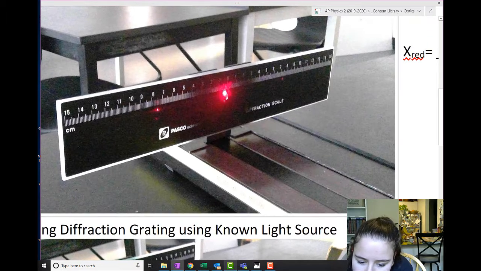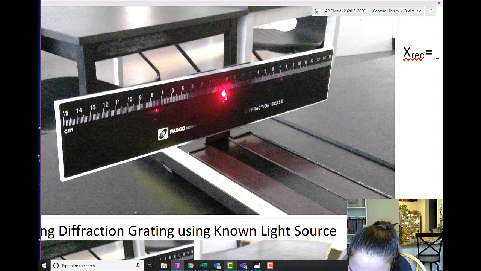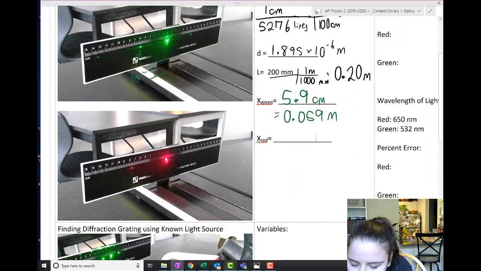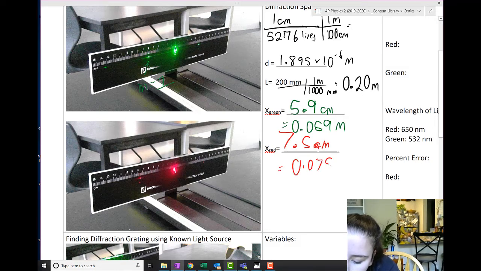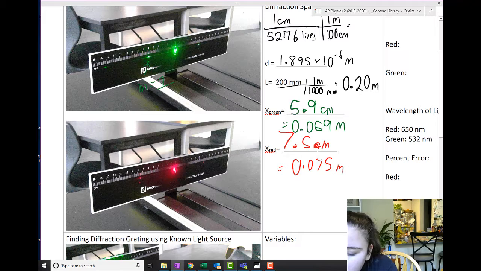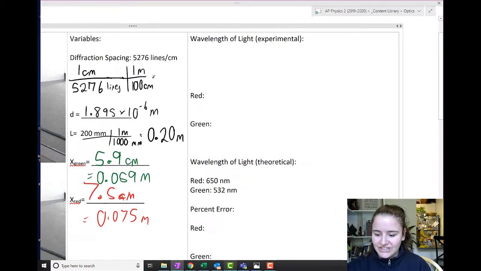That one, I think I said in the video, is about 7.5, and it does indeed look like it's right around 7.5. So we will just go with that. 7.5 centimeters, aka 0.075 meters.